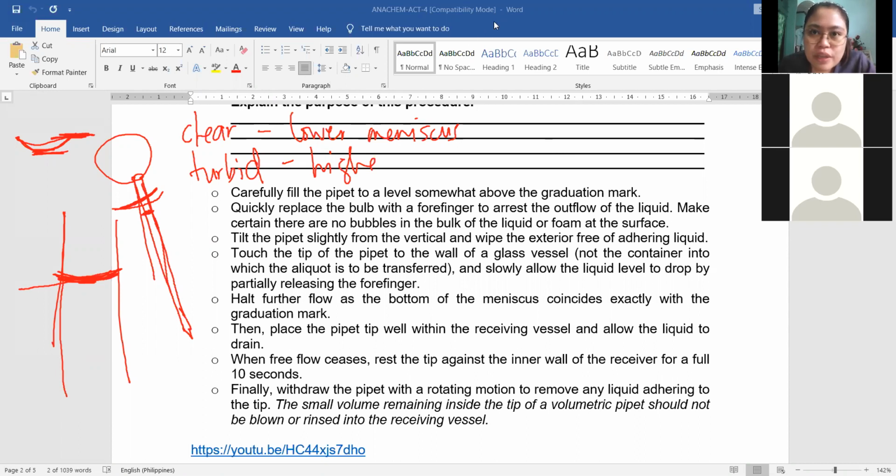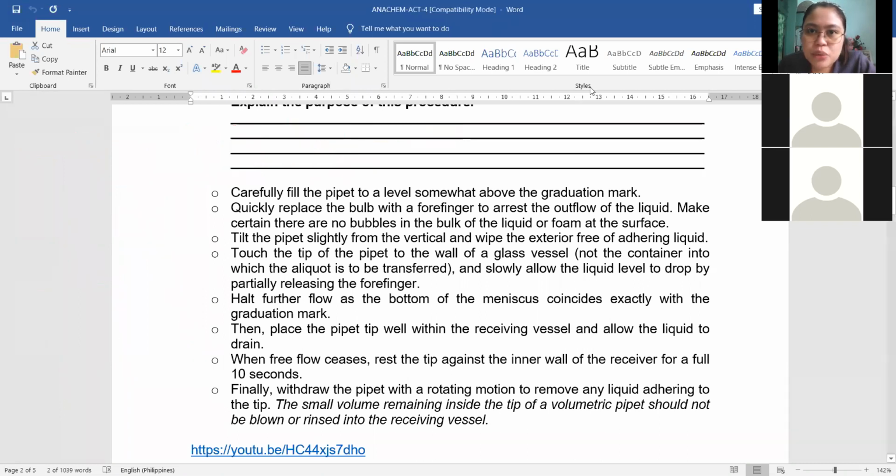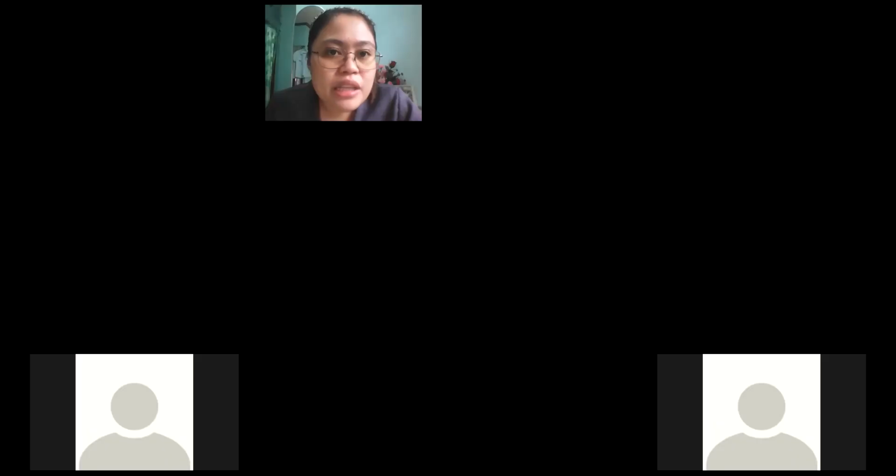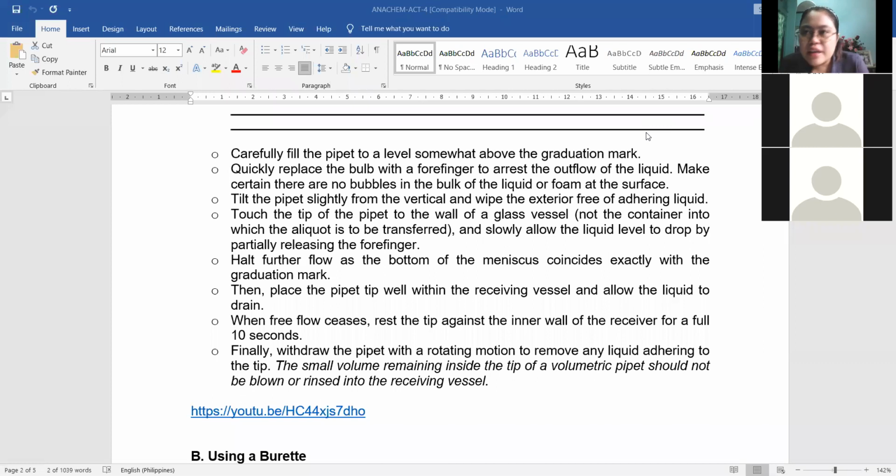Okay? So, let's watch a video on how to do the measurement of the aliquot if we want to measure a liquid and then transfer it to another container. Okay, kasi remember, yung pipette talaga and the burette and even the volumetric flask yung ginagamit natin when we want to measure exact volumes of liquid.